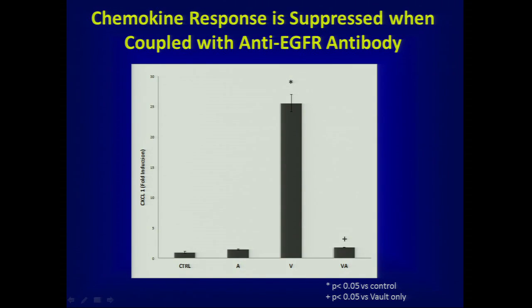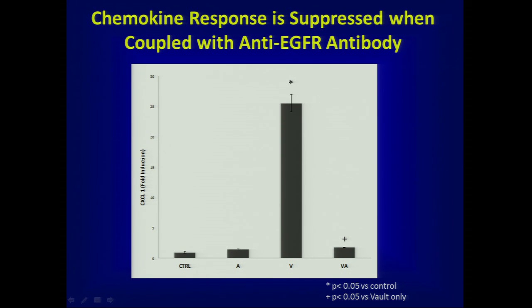Interesting, and what we found preliminarily, is that the chemokine response is suppressed when coupled with an anti-EGFR antibody. What we have here is CXCL1, which is a chemokine, a neutrophil recruiter, and the fold induction. At the control, being cells alone, there's not much of a response.